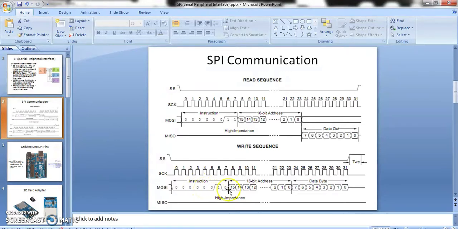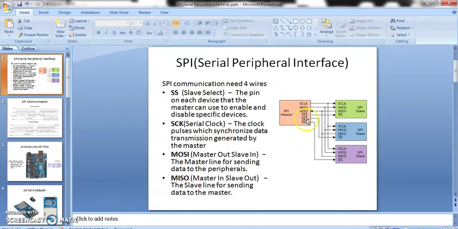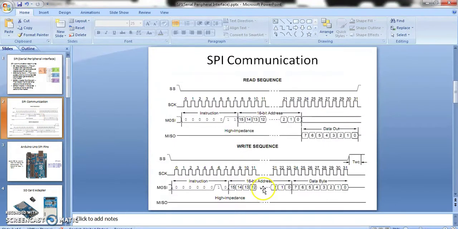Then the master will send an address where it wants to write the data, and in this address the master will write the data. This is the data sent by the master, and this data will be saved in this address. And since there is no further communication from the slave, the MISO line is not used.